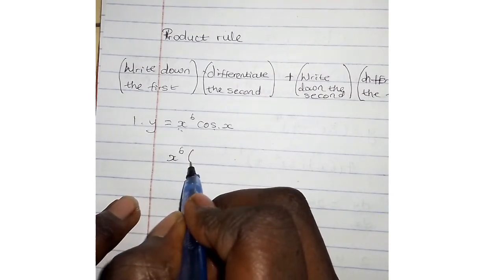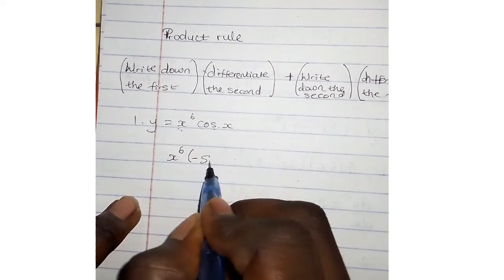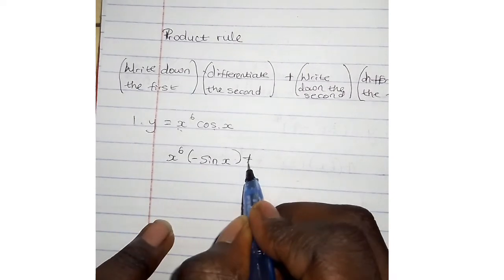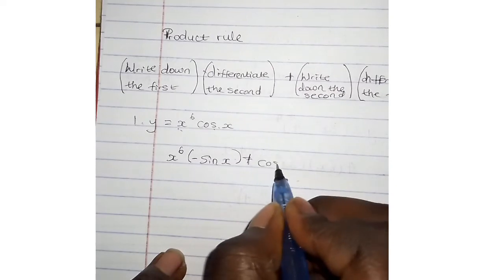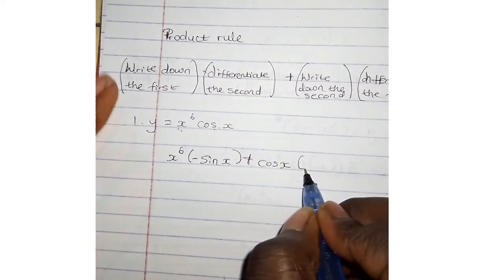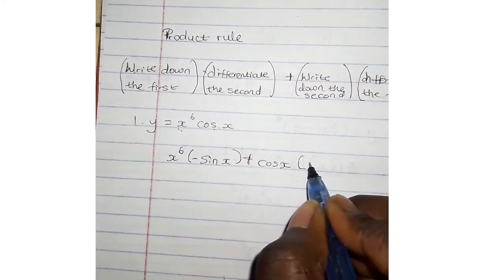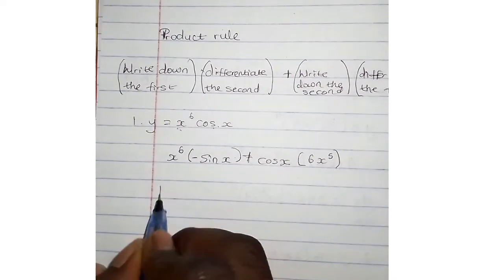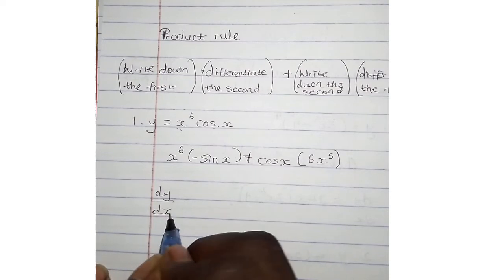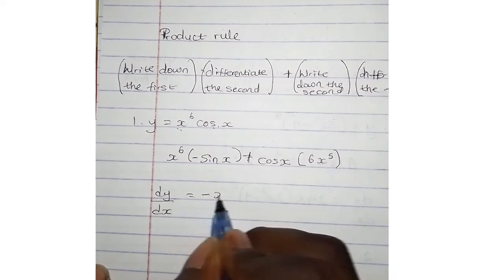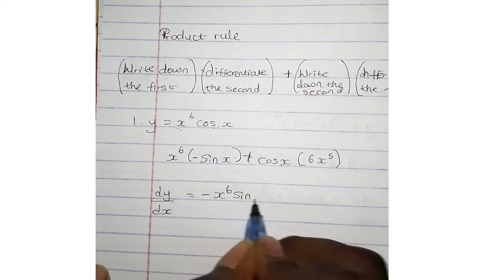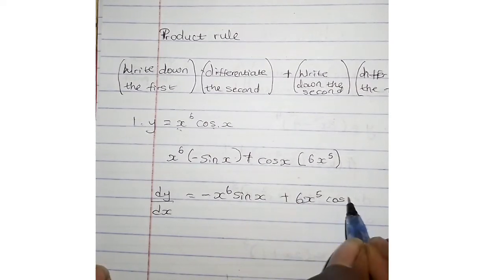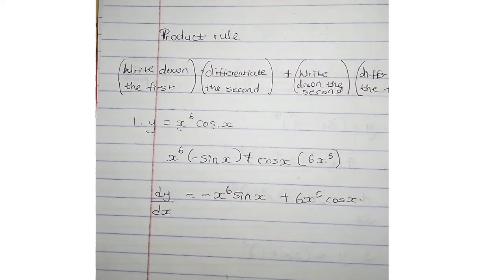When we differentiate cos x, we have negative sine x, plus when we write down the second, which is cos x, then we differentiate the first. Differentiating x to the power 6, we have 6x to the power 5. So therefore, dy/dx is going to give us negative x to the power 6 sine x plus 6x to the power 5 cos x. As easy as this.